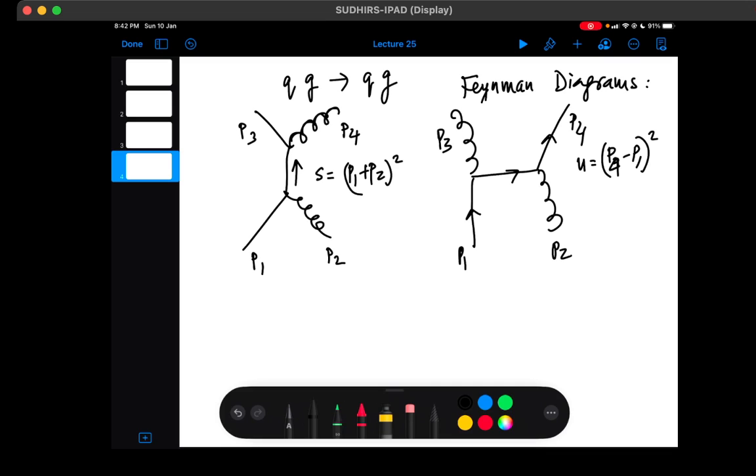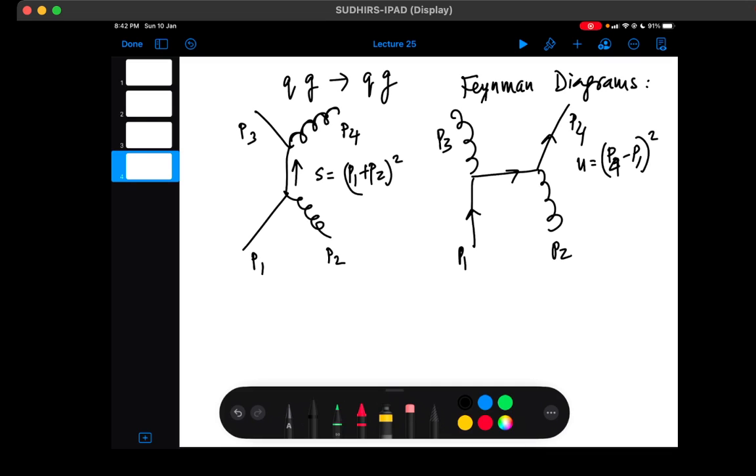It's an outgoing particle with P4 star and the color factor A star. Okay, and then you have i g_s gamma mu lambda A.